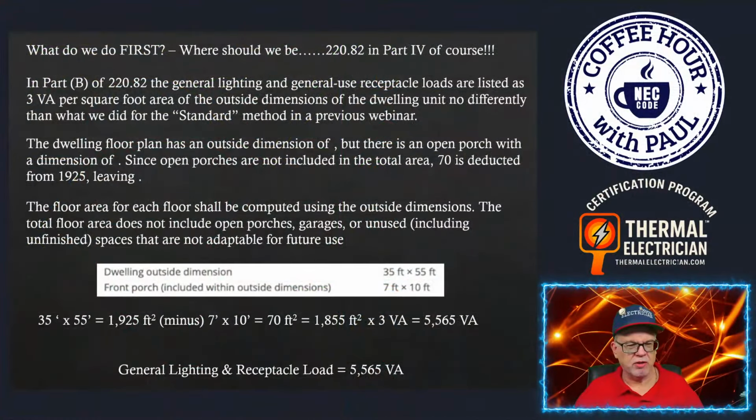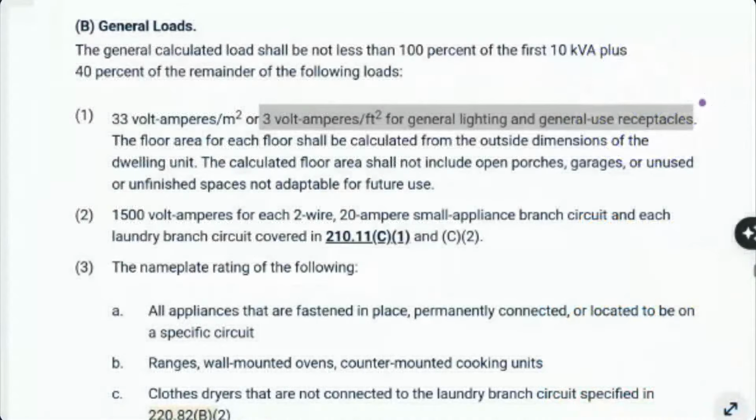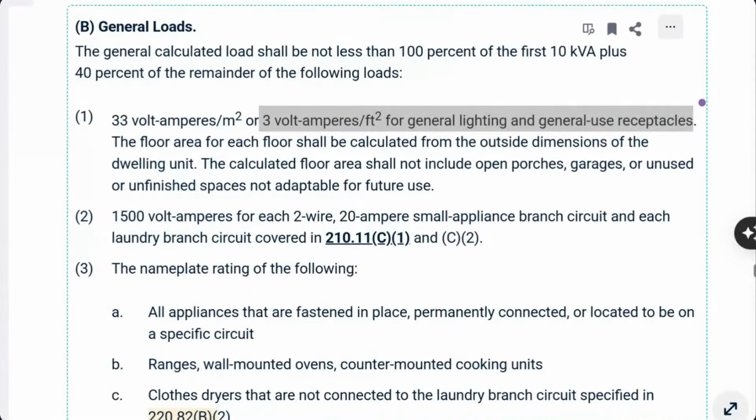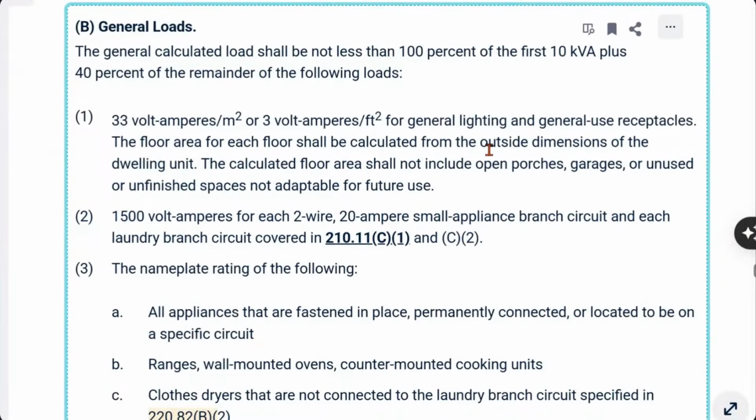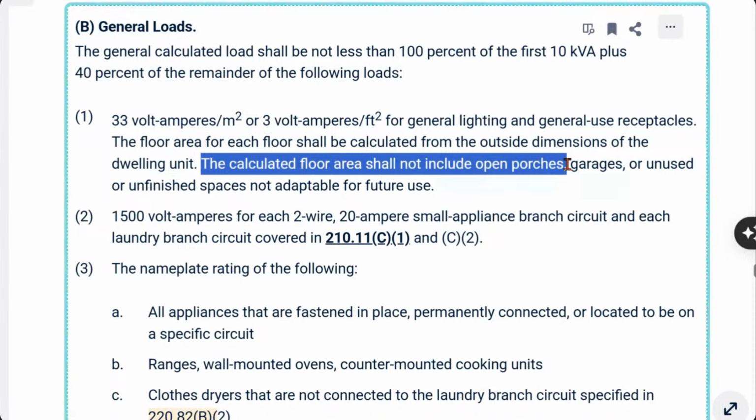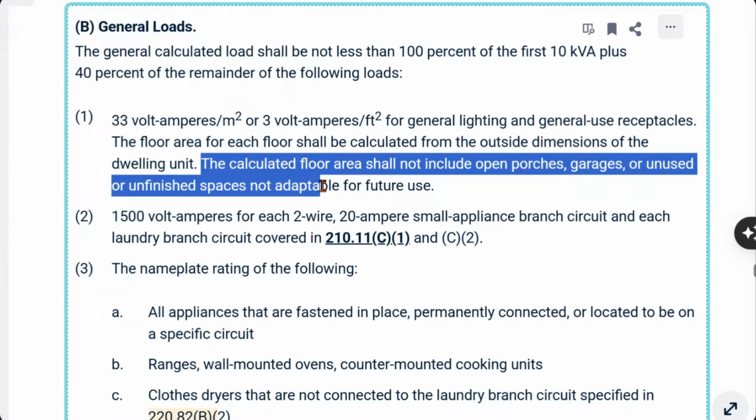Okay, as long as we're here, I've got to show you. It says right here, each floor area shall be calculated from the outside dimensions of the building. It says the calculated area shall not include open porches, garages, or unused or unfinished spaces not adaptable for future use.